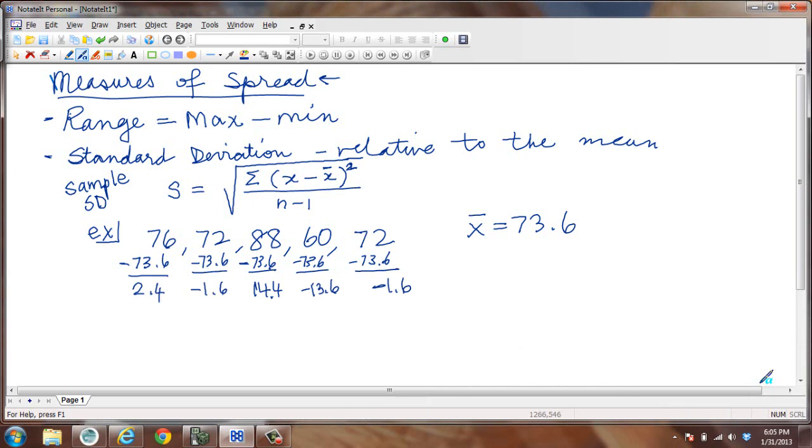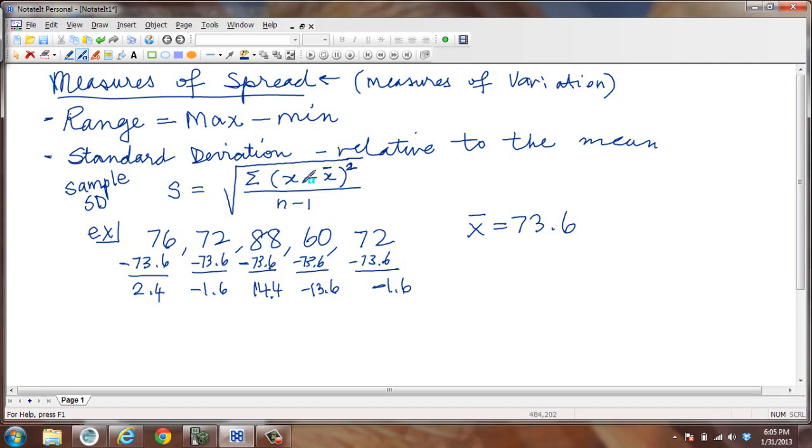Okay, so I've stopped the video and I just went ahead and subtracted all these numbers. So when you subtract each observation minus the mean, you get these 5 numbers. Okay, and I just want to point out that in your book, this is also called measures of variation. How varied is your data, how spread is your data, saying the same thing.